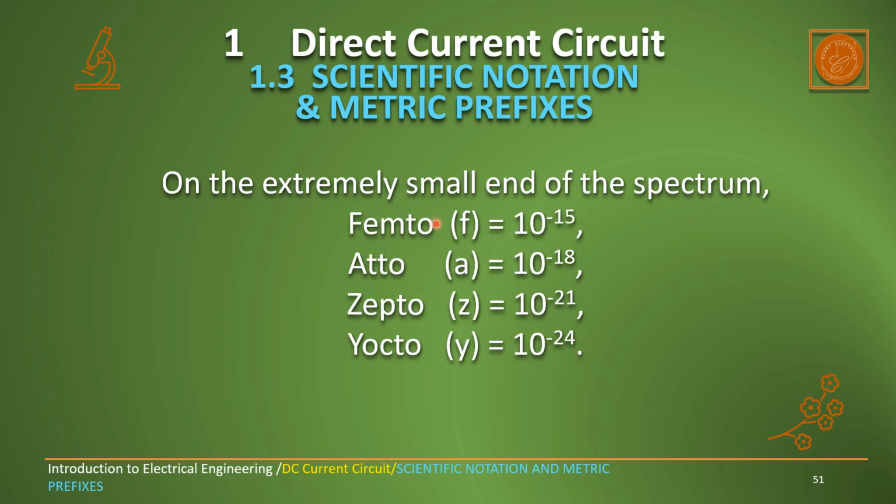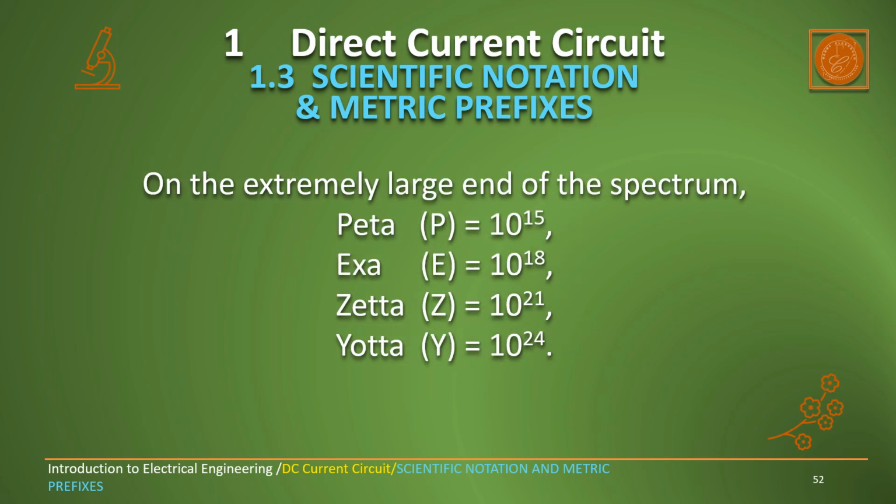You can find those symbols, use Google online. You can find it easily. On the extremely large end of the spectrum, peta, P, is equal to 10 power 15. Exa, E, equal to 10 power 18. Zetta, Z, equal to 10 power 21. Yotta, Y, equal to 10 power 24.